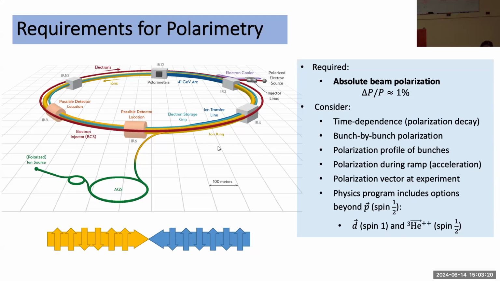And then also the idea to have spin half particles, but in a different nuclear environment, like in a helium-3 nucleus, which you would also want. Helium-3 has a similar magnetic moment to protons. So I think if the ring works for protons, it will also work for helium-3. That's not a problem.